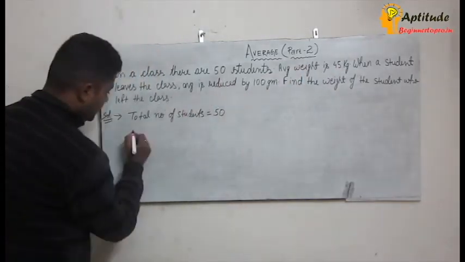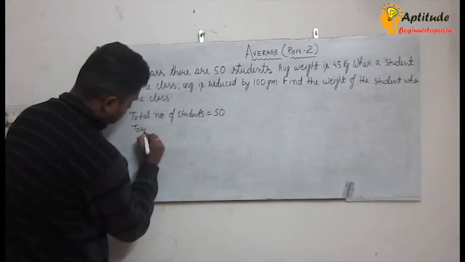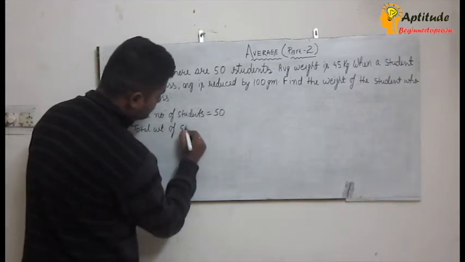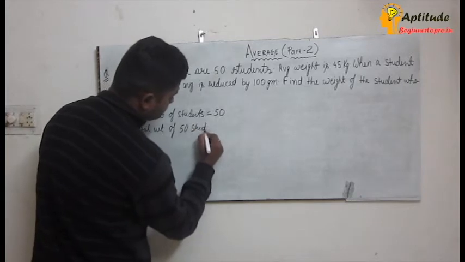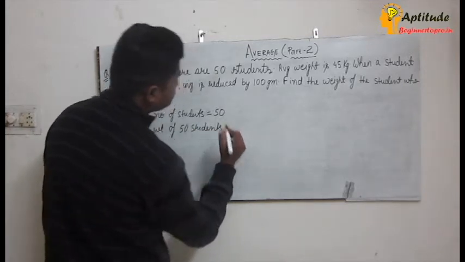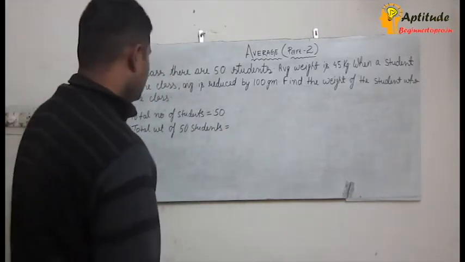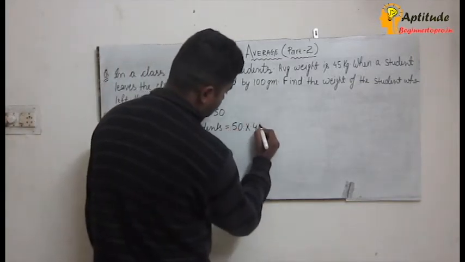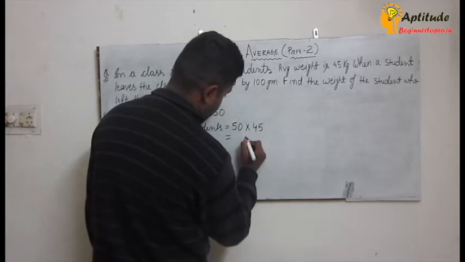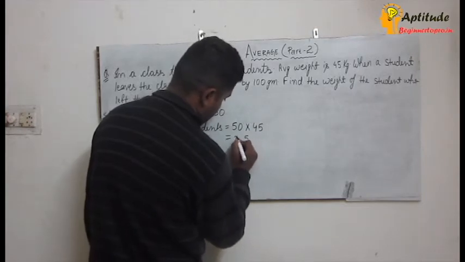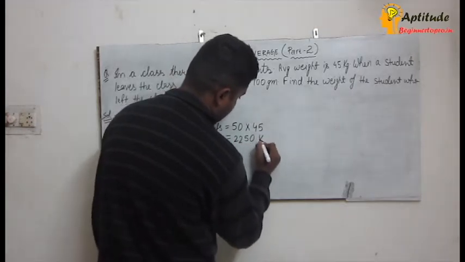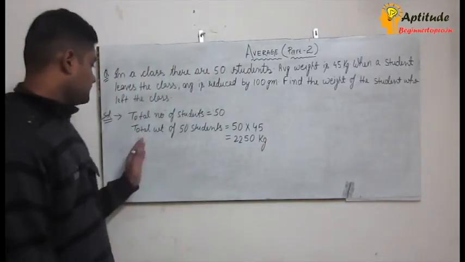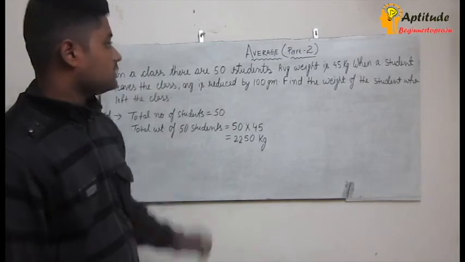So we can find the total weight of 50 students, which is 50 into 45, which is 2250 kg. This is the total weight of 50 students.